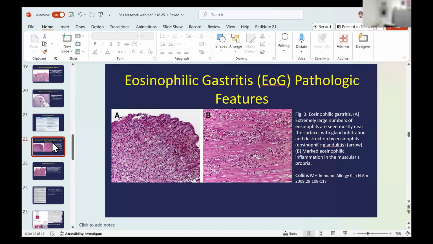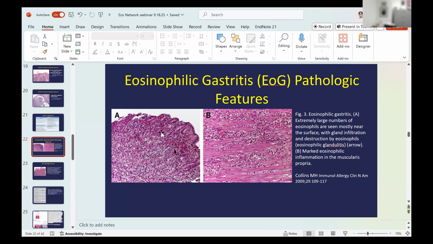And so moving on to eosinophilic gastritis, all that red along the top here are sheets of eosinophils that don't belong there at all. The highest count in the normal biopsy is 10 or 11 eosinophils in a high power field. There are many more than that here.